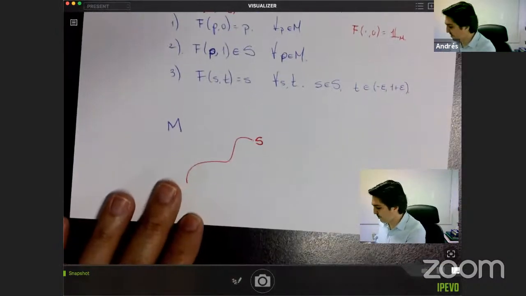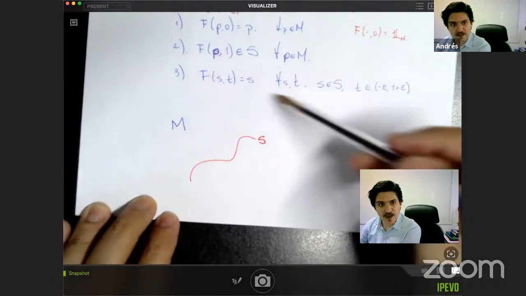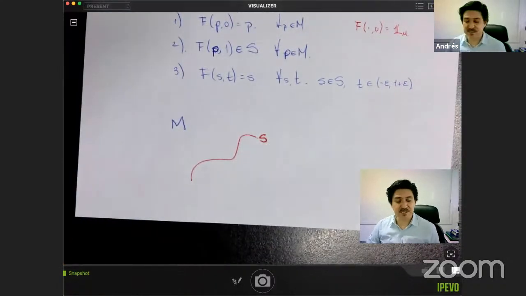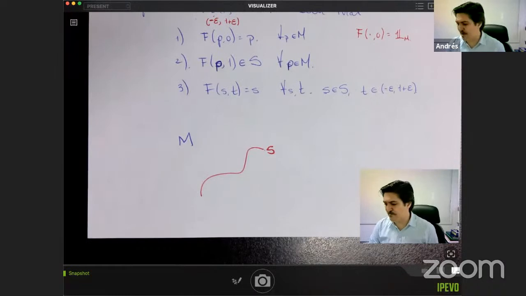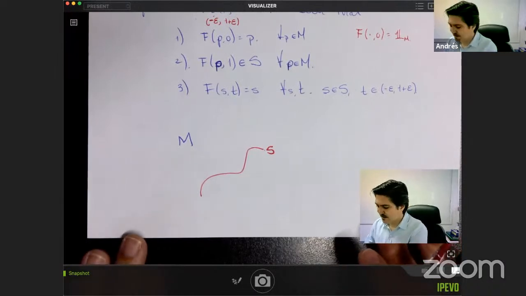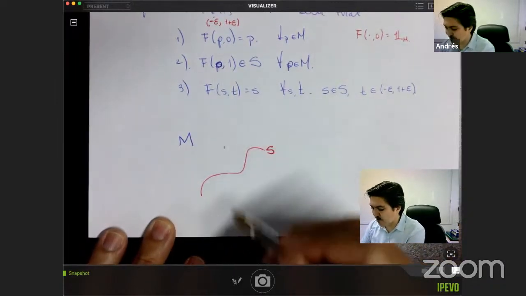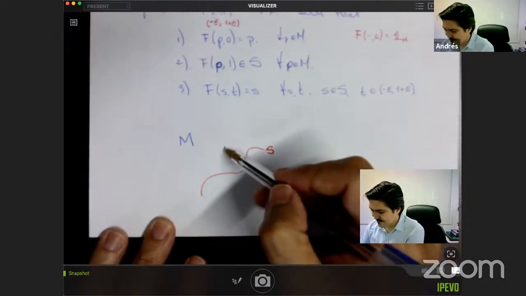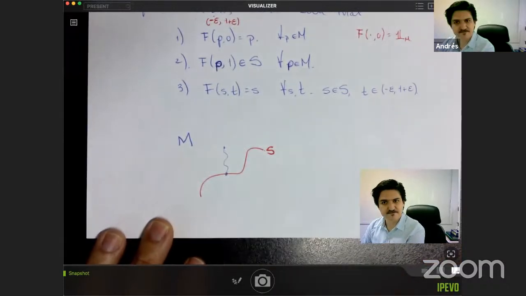And this is the general picture here. I have my whole manifold M and my submanifold S. If S is a deformation retraction, I have the map F. And what is going on? Somehow, if you are at a point outside S, you will have a path, and the endpoint will be here.